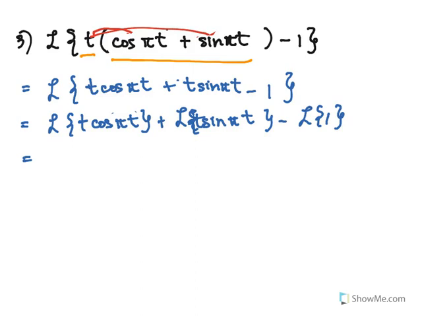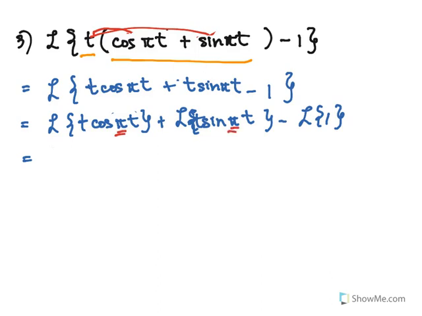From the formulas of common Laplace transforms, the Laplace transform of t cosine kt is s squared minus k squared over s squared plus k squared squared. So following that formula, in this case our k is pi.